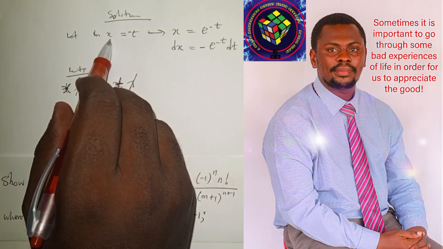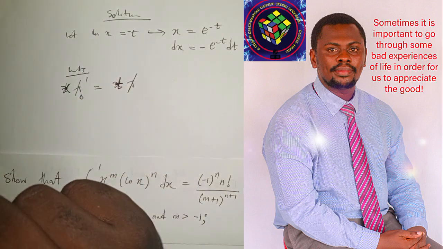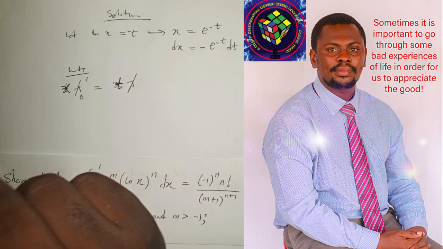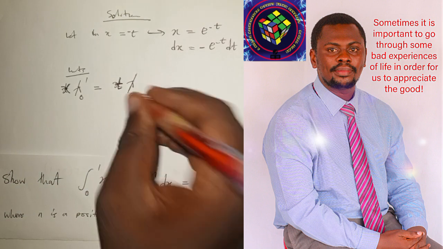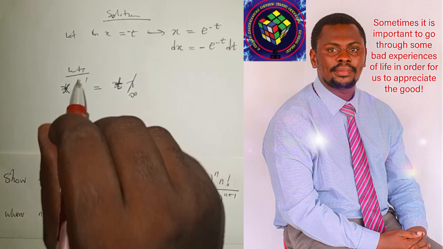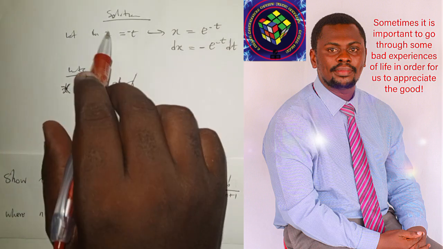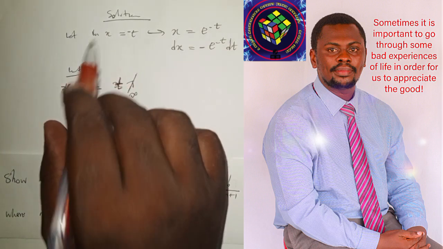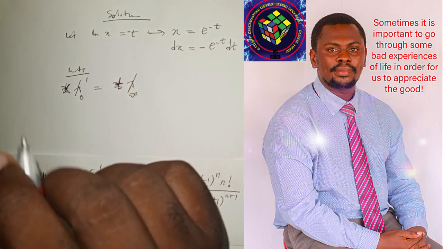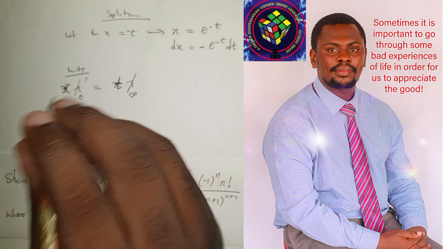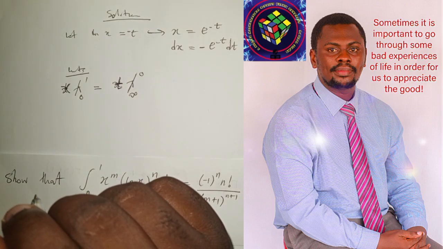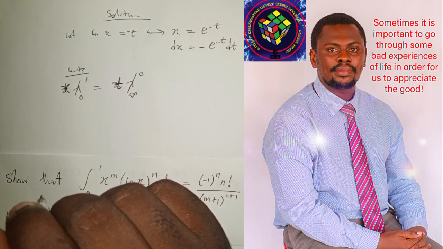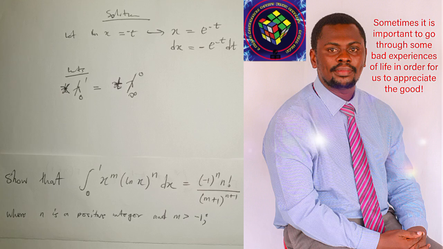If you put a 0 there, the natural log of 0 is always infinity. So we are going to have infinity. When you put 1 where we have x, the natural log of 1 will be 0. Log of 1 is always a 0. So our limits have changed from 0 to 1 to infinity to 0.